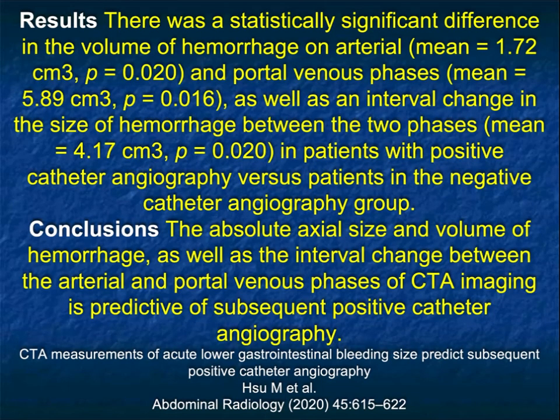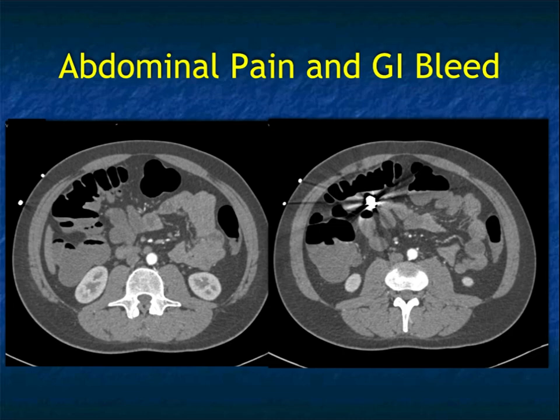In this article by Sue, the absolute size and volume of hemorrhage, as well as the interval change between arterial and portal phase imaging on CTA, is predictive of subsequent positive catheter angiography, which basically means that when you go from arterial to venous and you don't see any bleeding, there's a good chance you're not going to see any bleeding when you go to angiography.